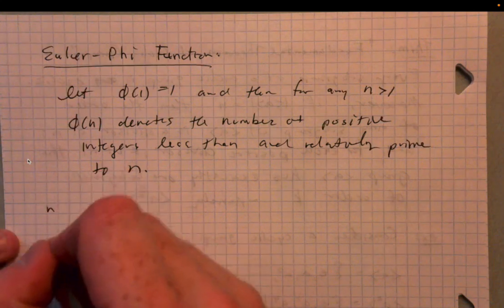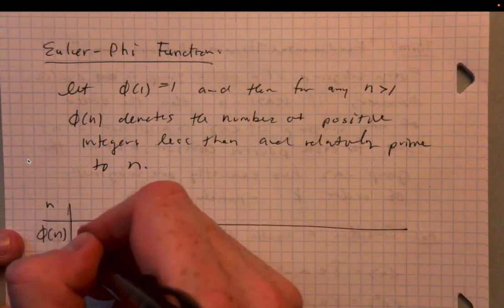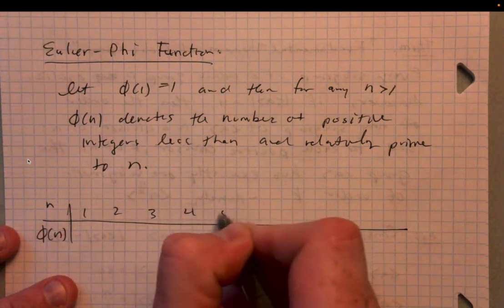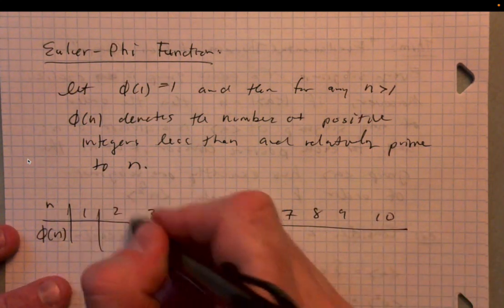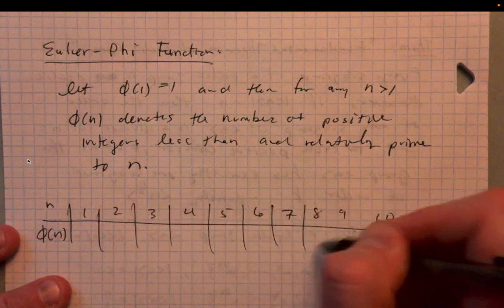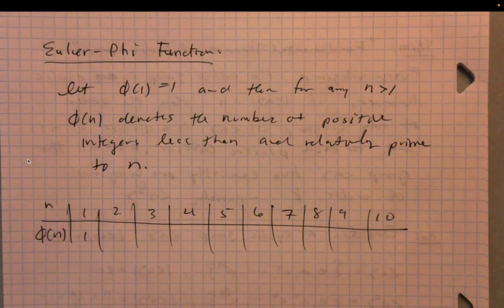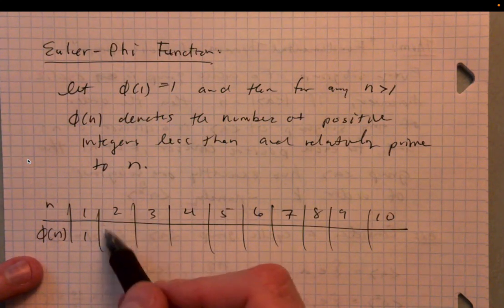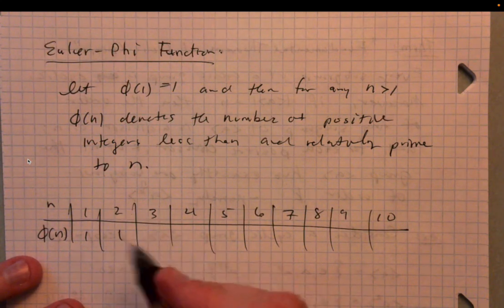So if I have my n and my phi of n, okay, so like just do 1 through 10. 1, 2, 3, 4, 5, 6, 7, 8, 9, and 10, we'll say. So again, phi of 1 is defined as 1. Phi of 2 would be 1, because the only integer less than 2 that's relatively prime to 2 is 1. Phi of 3 would be 2.